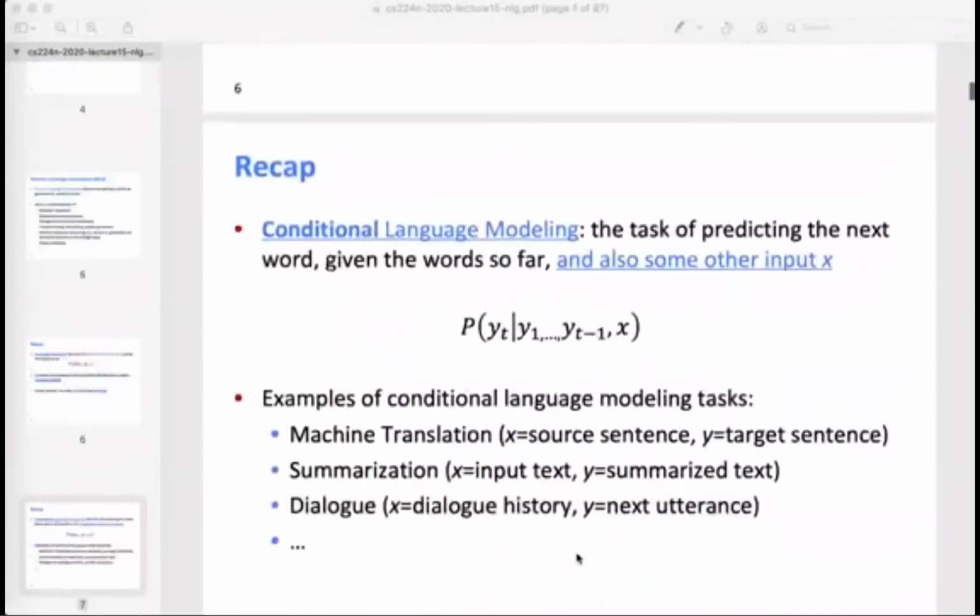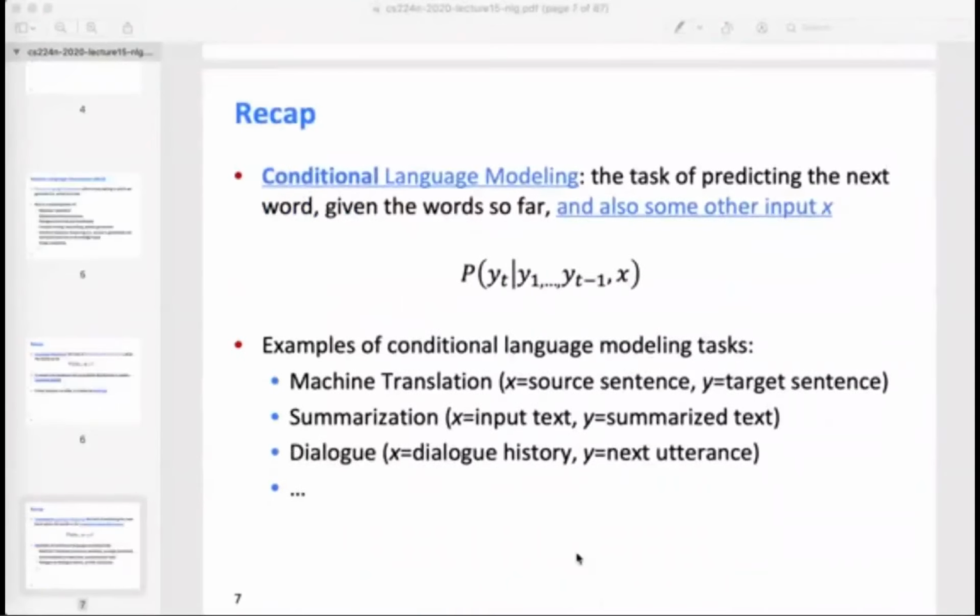Also, we talked about conditional language modeling, which is the task of predicting the next word, given the words so far and also some other input text, another input x. So basically you have the probability distribution of y_t conditioned on the previous t-1 words generated and also some input x.